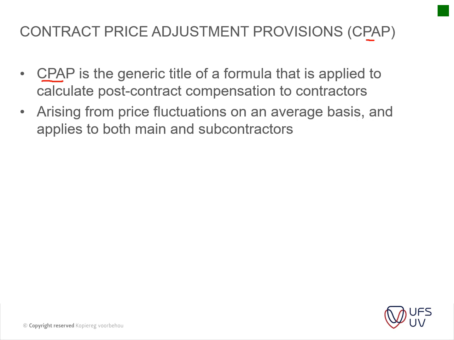So CPAP usually applies on contracts that run over more than 12 months, arising from the price fluctuations on an average basis, and applies to both main and subcontractors. Okay, so these inflation rates apply to both of them.